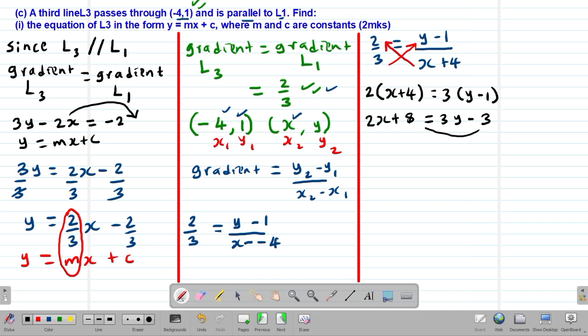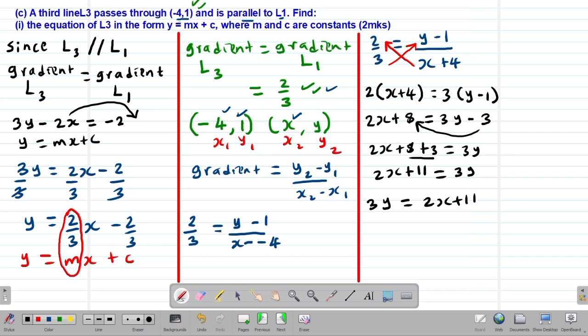If I take 3 towards the left hand side, I'll have 2x plus 8, then the 3 will be positive, equals 3y. So this is 2x plus 11, that is 8 plus 3, which is equal to 3y. So this can be rewritten as 3y being equal to 2x plus 11.